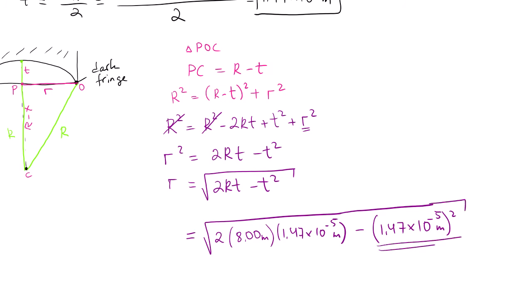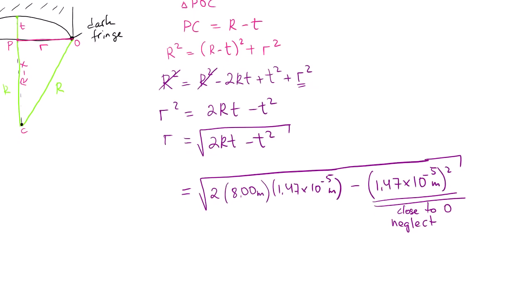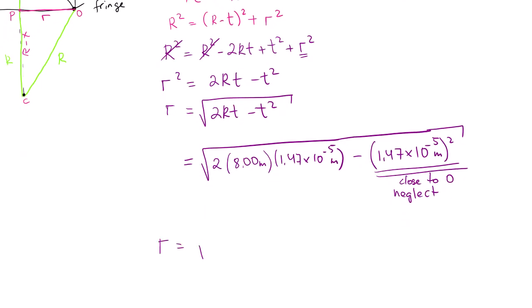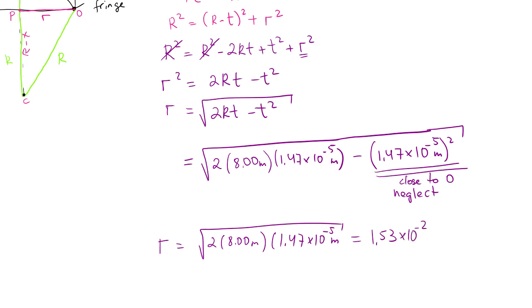This last term is really, really small, close to 0, so we can neglect it. Then r equals the square root of 2 times 8 meters times 1.47 times 10 to the negative 5 meters. And that will give us 1.53 times 10 to the negative 2 meters, which is 1.53 centimeters.